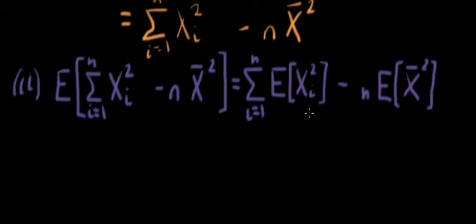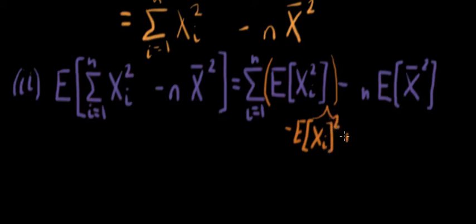Within these parentheses, we subtract the square of the expectation of Xi, which we can do because we also add them right back in. So there's no net effect there.